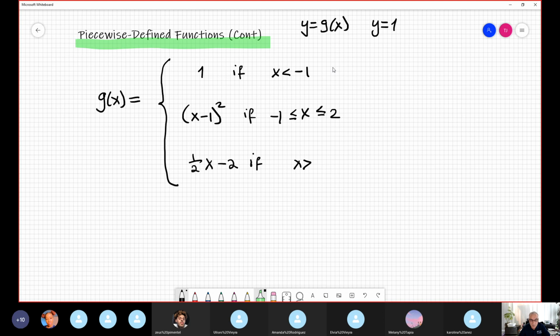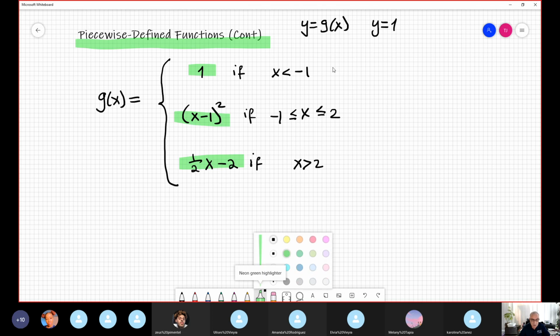So it's one function that is defined using different pieces, different expressions, and each piece is valid in the corresponding condition: this for one, this for this, and this for this.